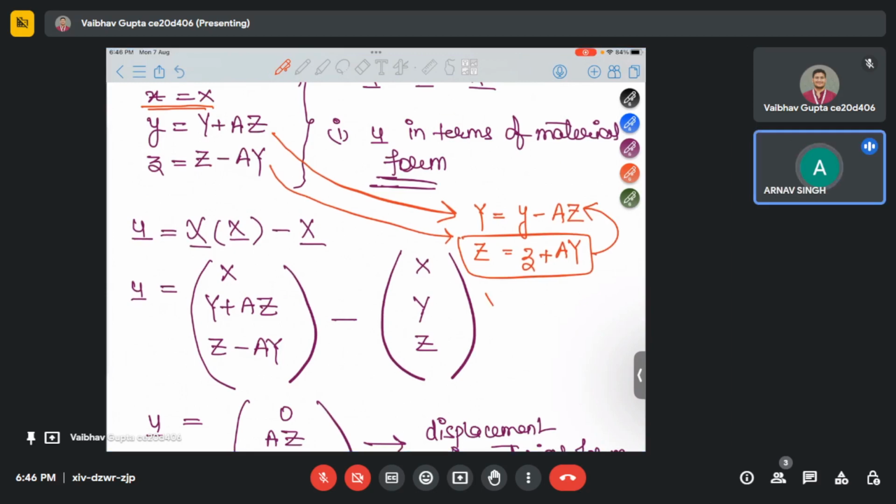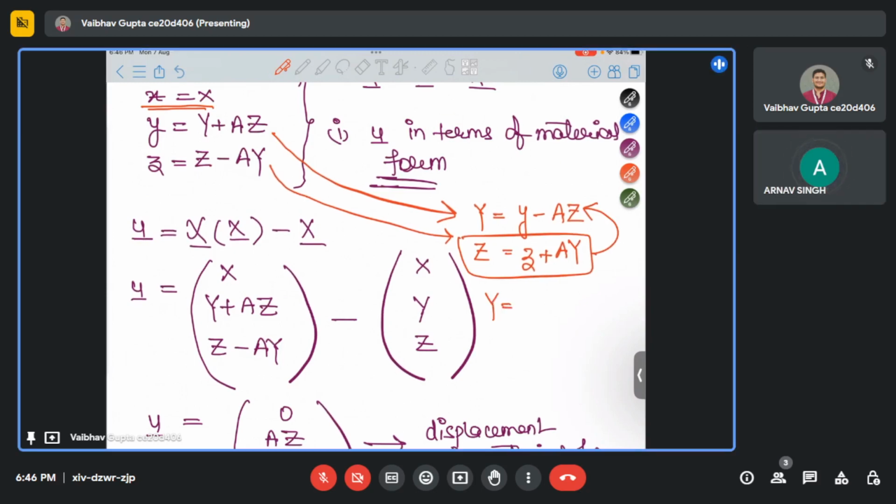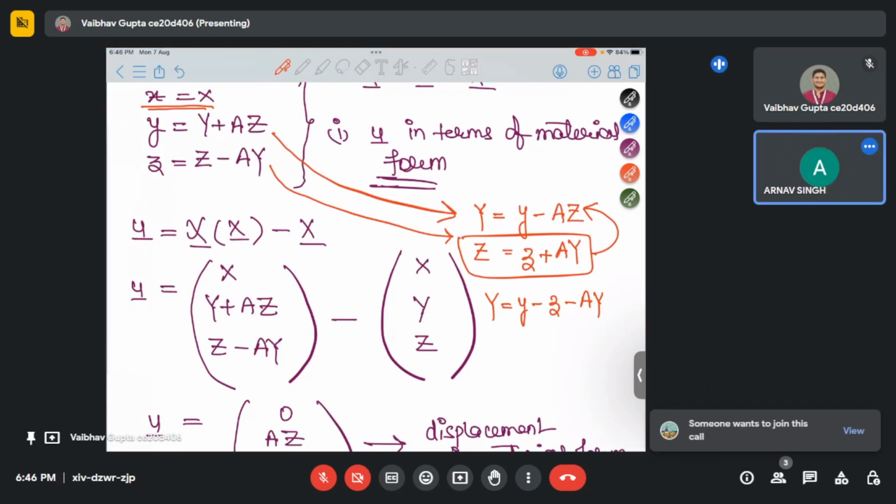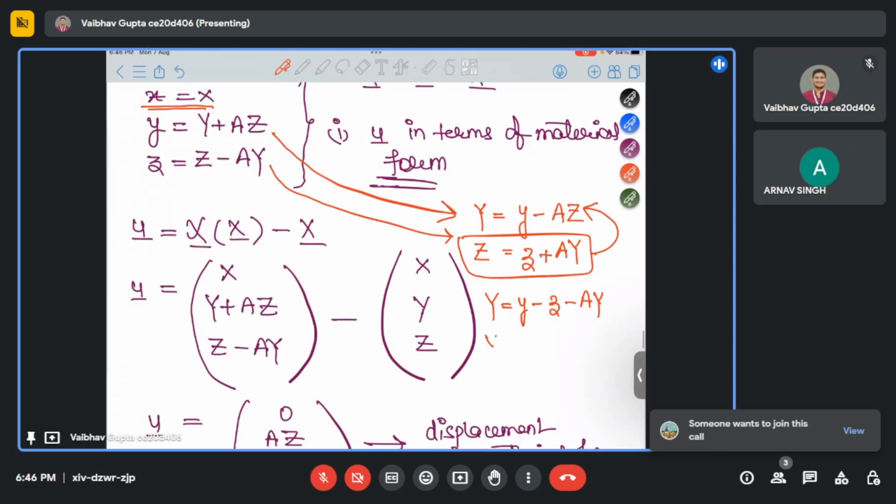What will you get? Capital Y is equal to small y minus a times small z minus aY. So taking this aY term to the right hand side, capital Y becomes small y minus a small z upon 1 plus a squared.